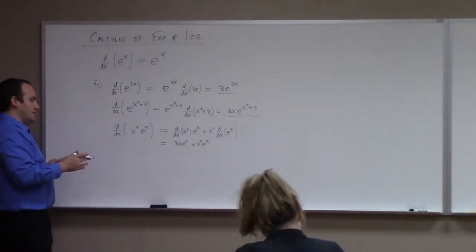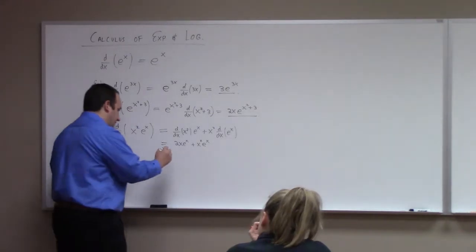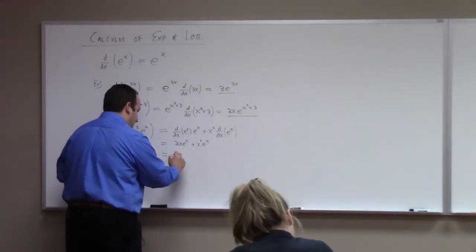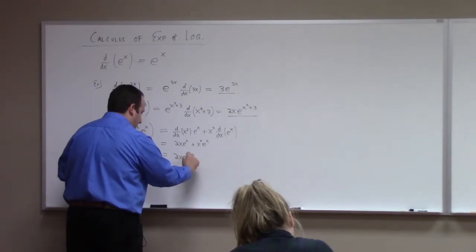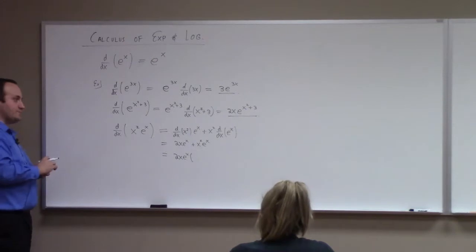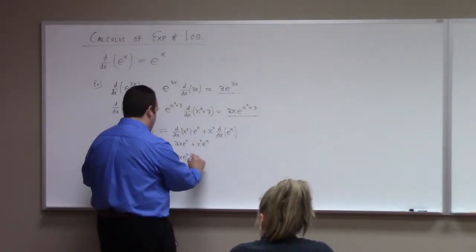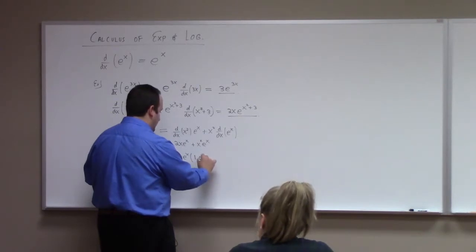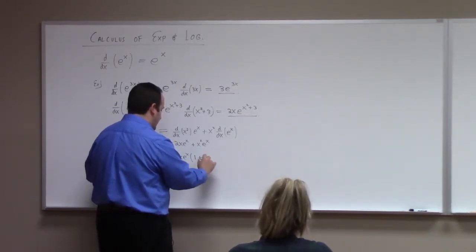Now, I would just like to emphasize that this can be simplified, and it's really not a bad habit to get into to simplify these. This would be 2x e to the x times what? 1 plus x or x plus 1? If I factored out the 2, what does that do here?